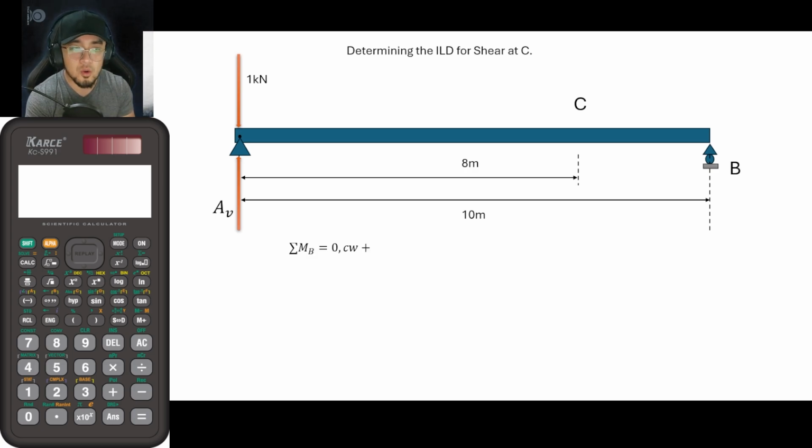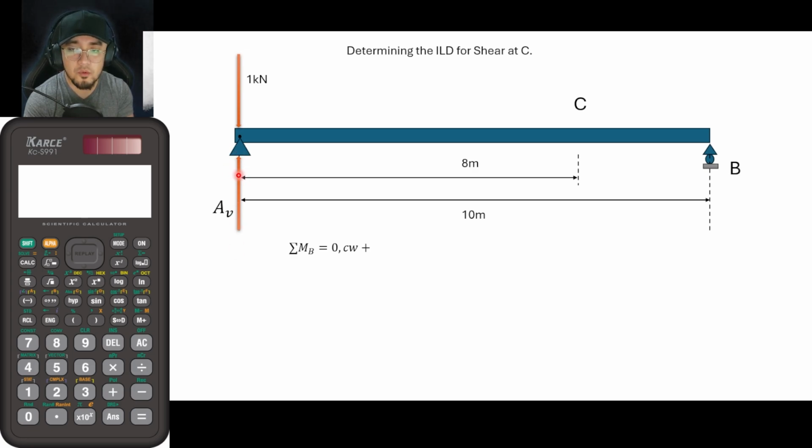So we would now be solving for the moment at point B. Moment at point B is equal to 0. Let us assume a sign convention of clockwise positive. With that being said, as you can see here, AV is upwards. That is my assumed direction.